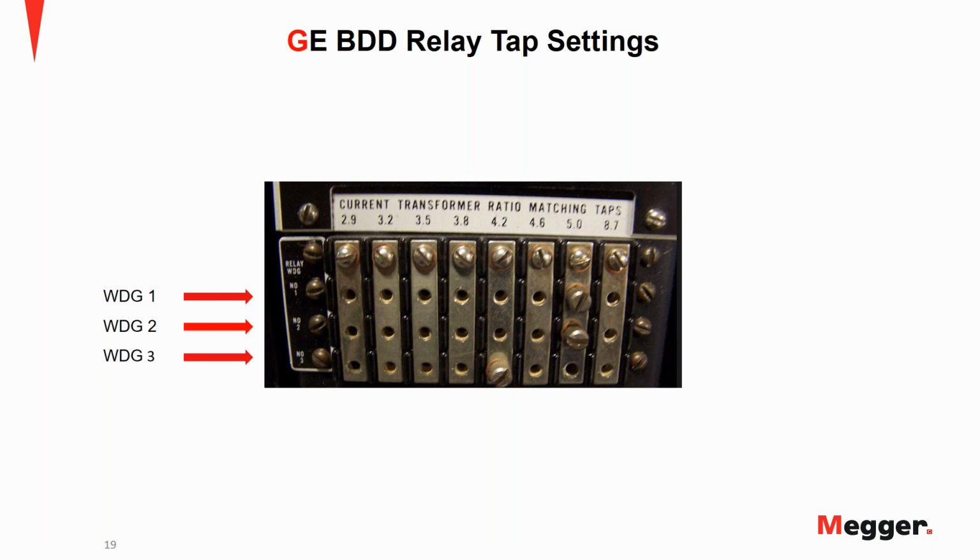The one that I currently have here that I will be testing on is a 2 winding transformer, so this third winding doesn't exist. But if you did have one, you can see that you still have the same amount of screws, the same amount of windings here as well. And then they will be labeled on the side of the relay itself. And then you have the tap screws, like I said, for the taps.